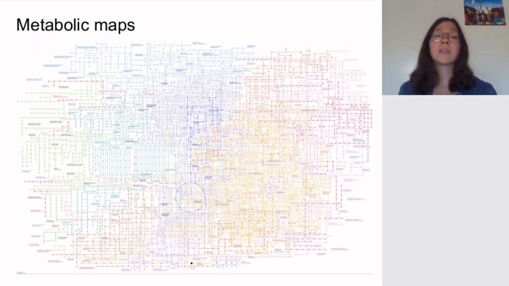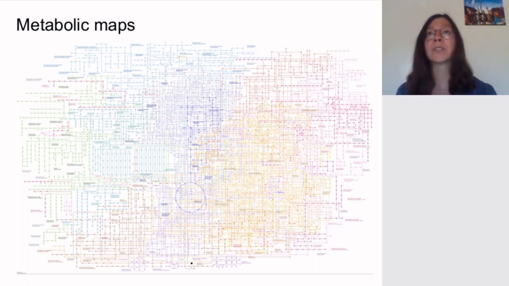I just wanted to give you two more examples of graphs in biology, the ones that I work with the most. The first are metabolic maps. So here on the slide you see a metabolic map of a bacterial cell. It's super complicated.